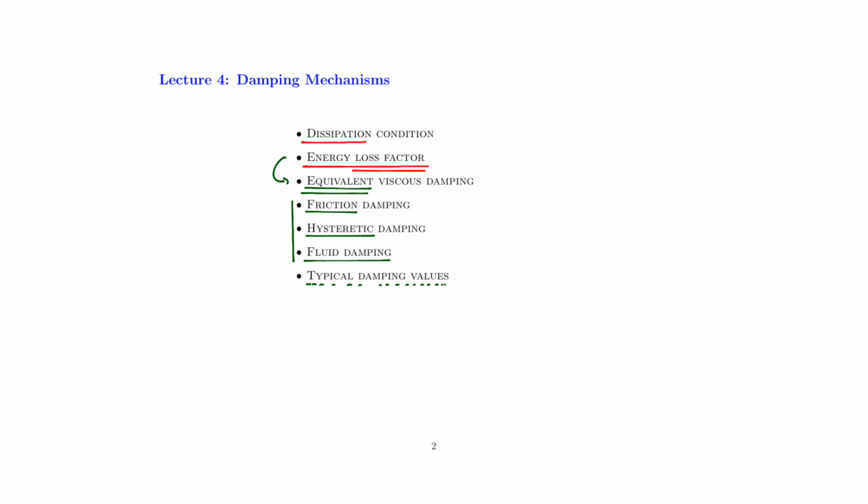So when we consider friction, we will have a viscous coefficient that is inversely proportional to X. We'll have a fluid damper model that is proportional to X, and we'll have a hysteretic damping model that is independent of frequency omega. So these are the three typical models that you will encounter in structural dynamics.